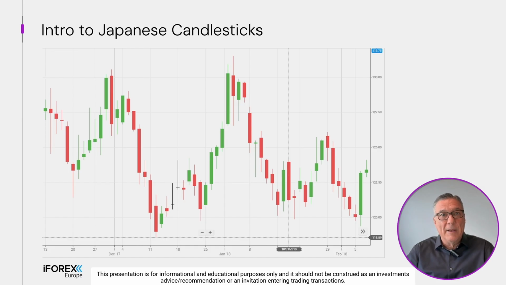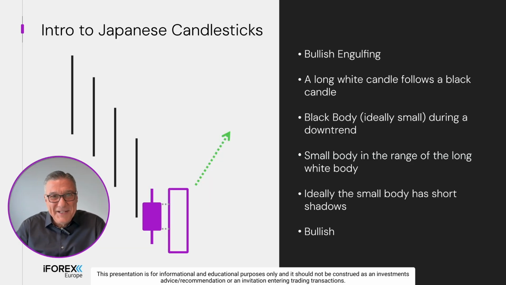and we always have to follow risk management rules. Another interesting Japanese candlestick pattern, this one is called the Bullish Engulfing. Again, a prerequisite is a downtrend, a clear decline, and then a short black body, ideally short, confirms the downward direction, right?